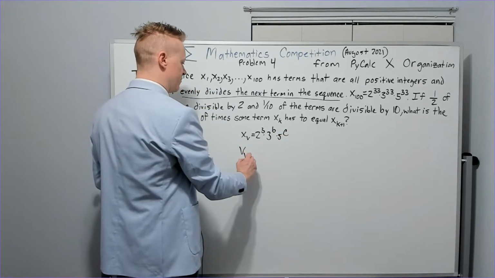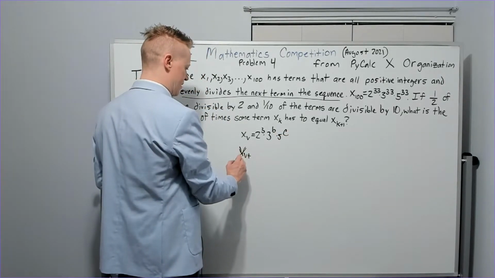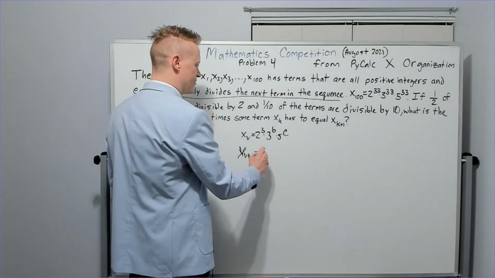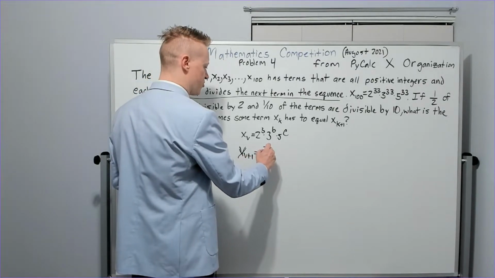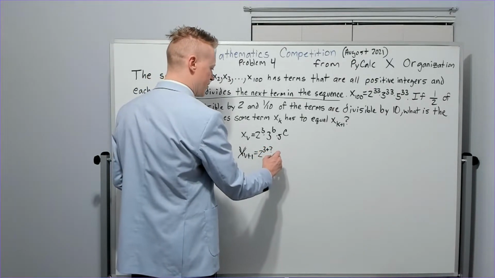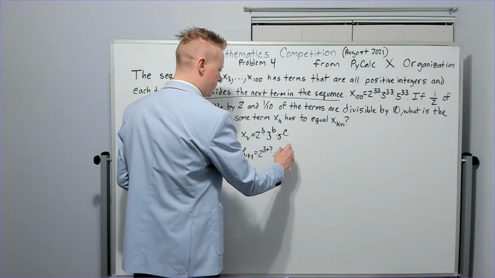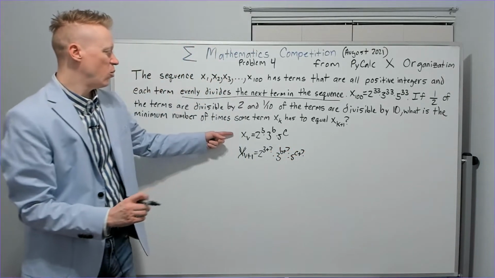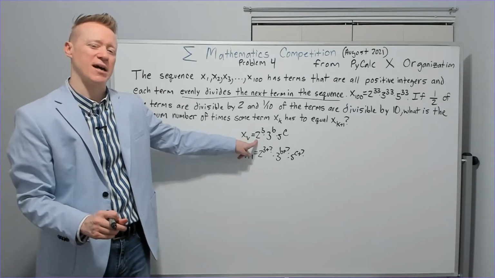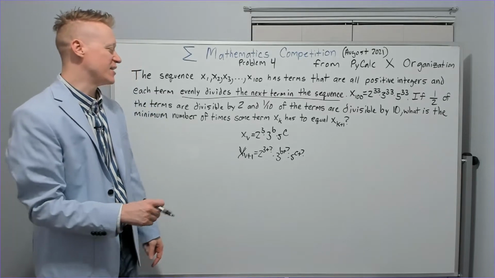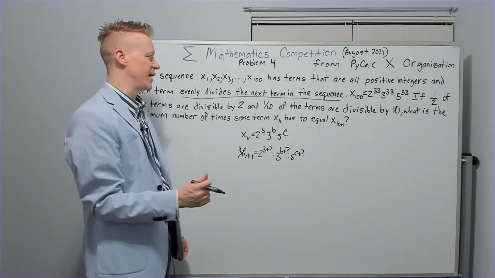Then the next term, x sub v plus 1, would have to have at least 3 powers of 2 in it: 2 to the 3 plus something, times 3 to the b plus something, times 5 to the c plus something. In other words, once you've hit your first power of 2, everything after has to have a 2 in it, and so would therefore be divisible by 2.